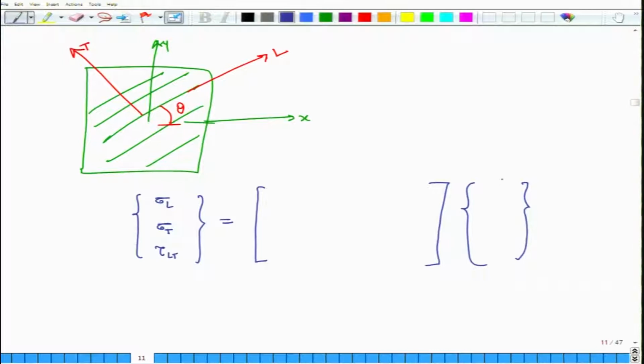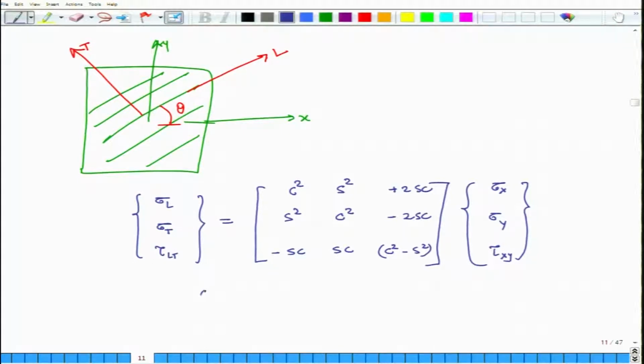So, this is equal to a 3 by 3 matrix multiplied by this stress vector sigma x, sigma y and tau xy, and the elements of this matrix are c square, s square, plus 2sc, s square, c square, minus 2sc, then I have minus sc, sc and c square minus s square.